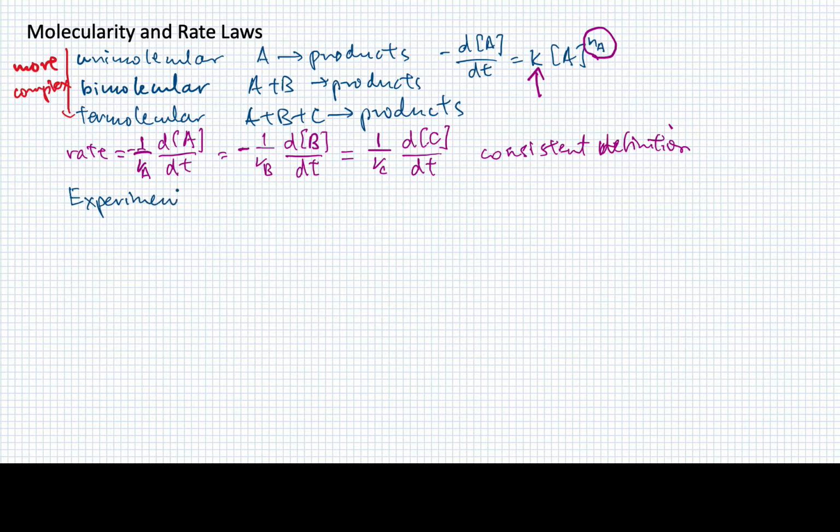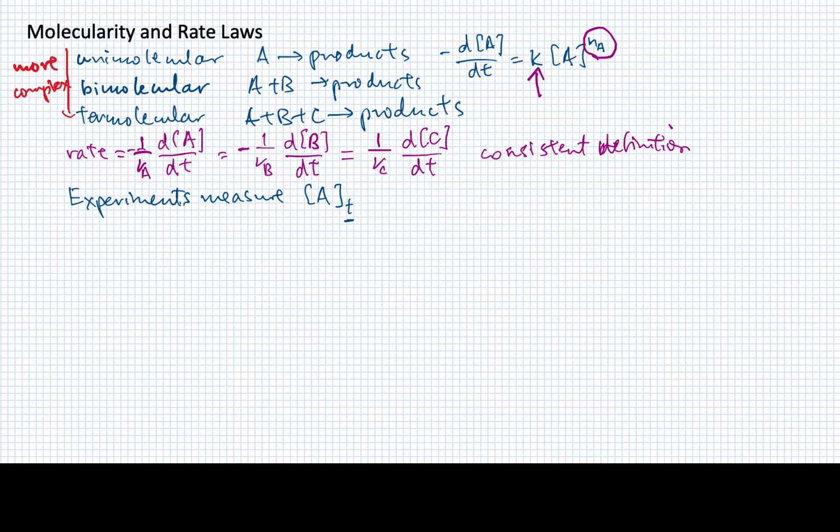Typically, experiments measure the time behavior of a reactant. So for example, the time behavior of A, and I'm always going to denote that with a little subscript t to tell you that that's the concentration of A corresponding to time t. If I put a 0 there, that's the concentration of A at time 0, which would be the initial concentration.